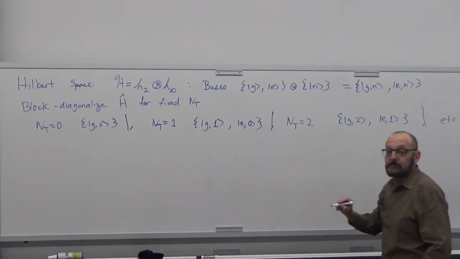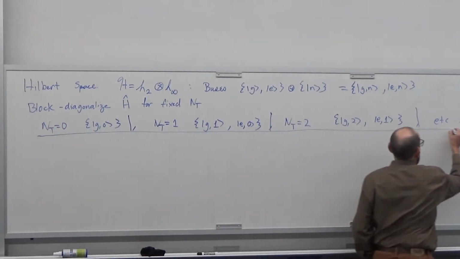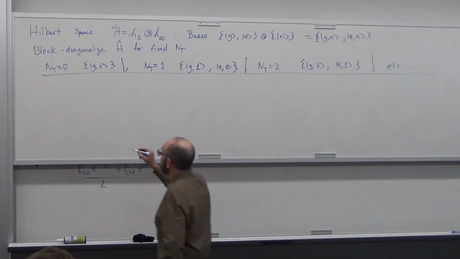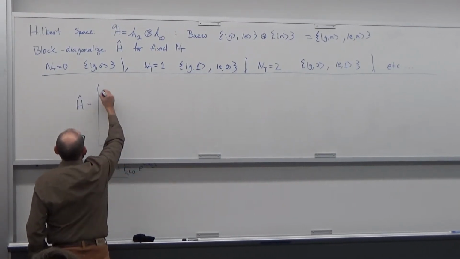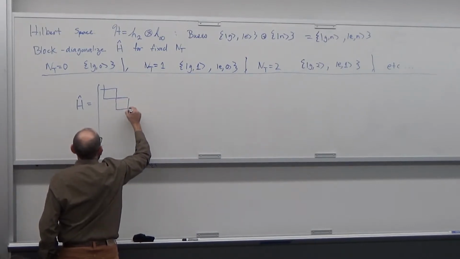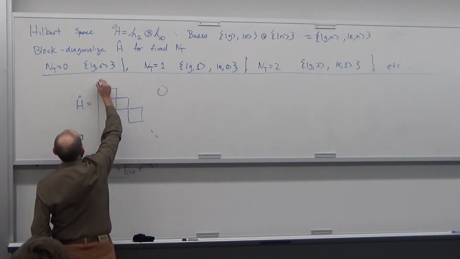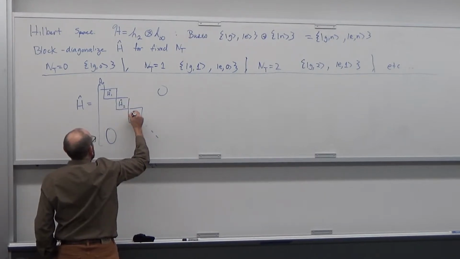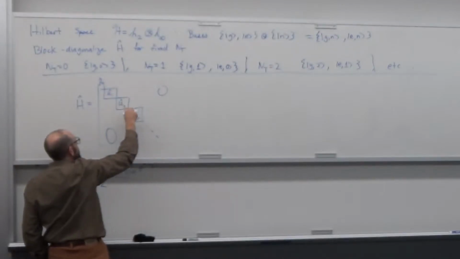Is that clear? So if I were to write a matrix representation of my total Hamiltonian, it would have a 1 by 1, a 2 by 2, a 2 by 2, etc. With zeros everywhere. I'll call this H0, H1, H2, H3, where this guy has NT equals 0, NT equals 1, NT equals 2, etc.